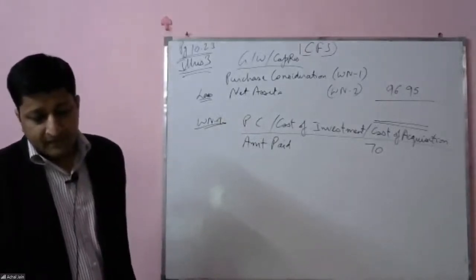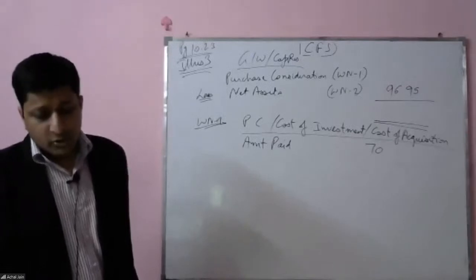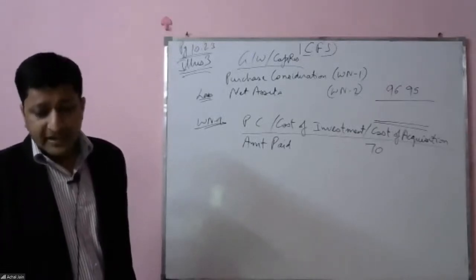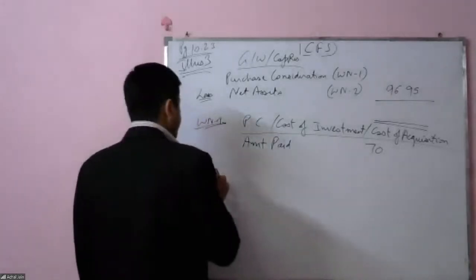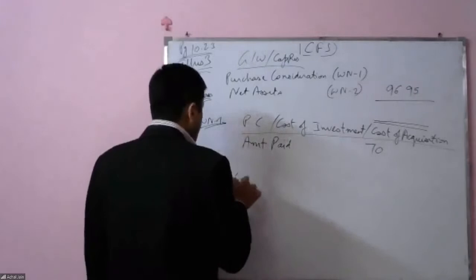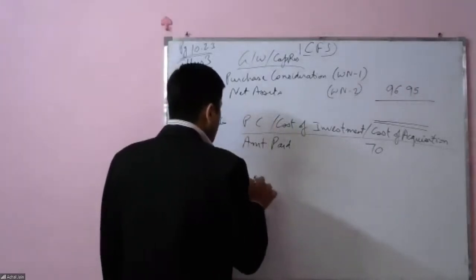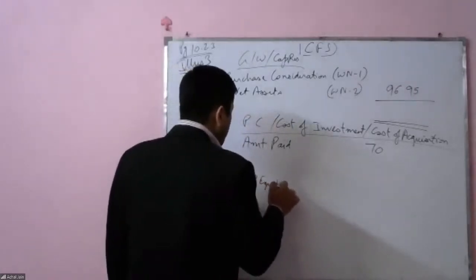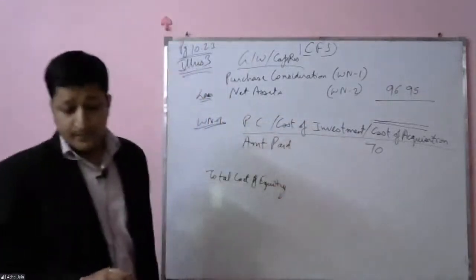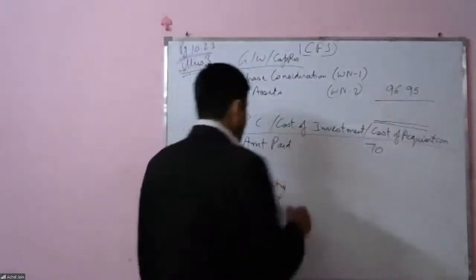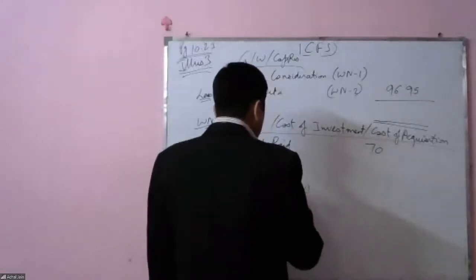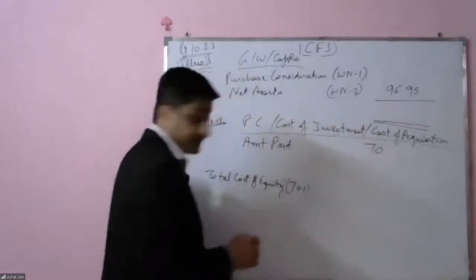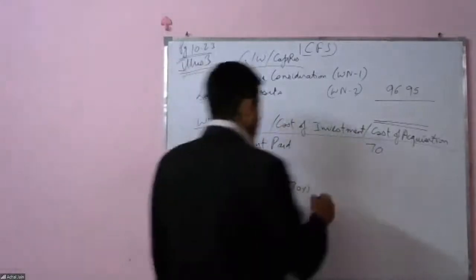So we have total cost of 70% equity of Z Limited, equivalent to 70 lakhs. What is that equivalent to? 70 lakhs.